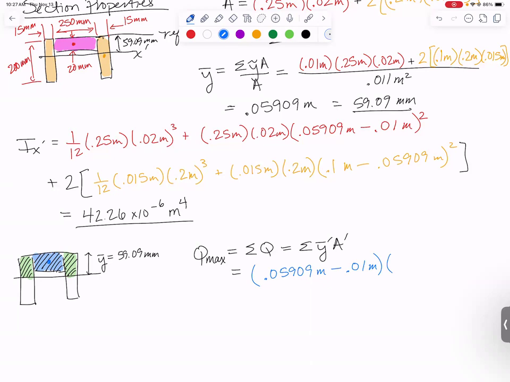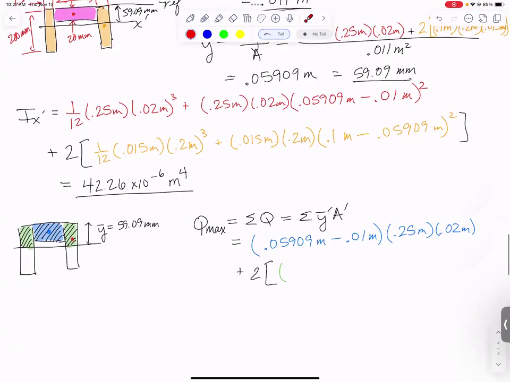And then its A prime is its area, 0.25 meters times 0.02 meters. Then I just need to add to it 2 of those green things. Now for the green things, I need the distance between the centroid of the green thing, and here's why I wanted to not use the same color as up here. I don't want the centroid of the whole orange rectangle, which is down below it. I want the centroid of the little green shape, which is going to be right up here.